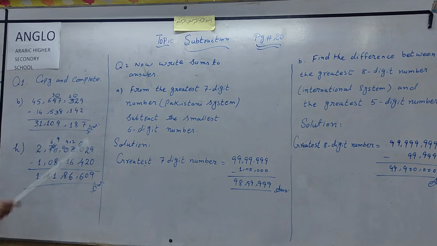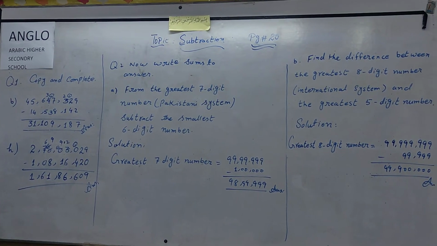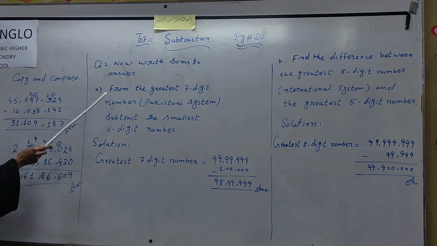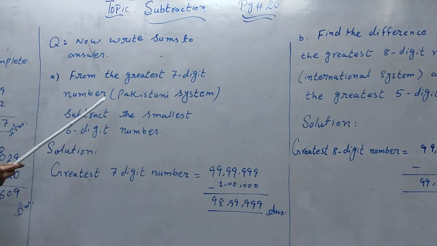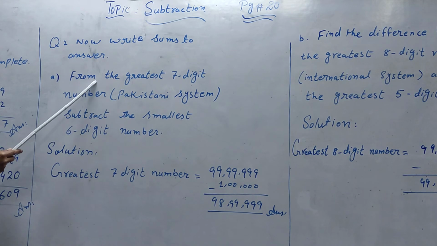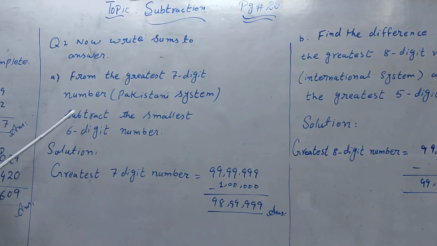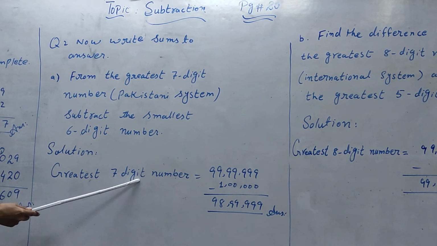Now question number 2. Write sums to answer. Part A. From the greatest 7-digit number in Pakistani system, you have to write this greatest 7-digit number and then subtract the smallest 6-digit number. It is also in Pakistani system.